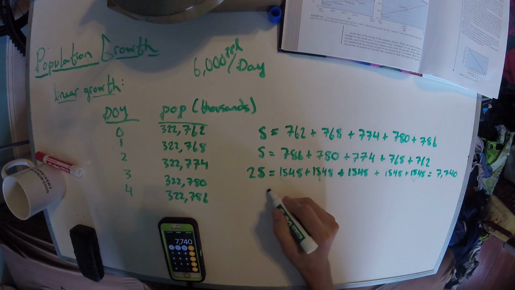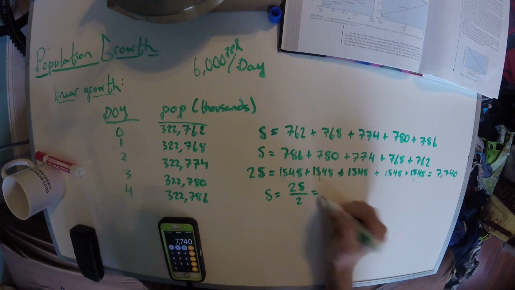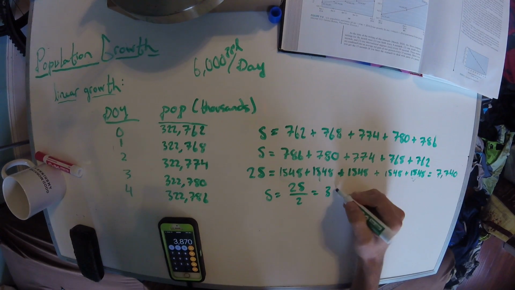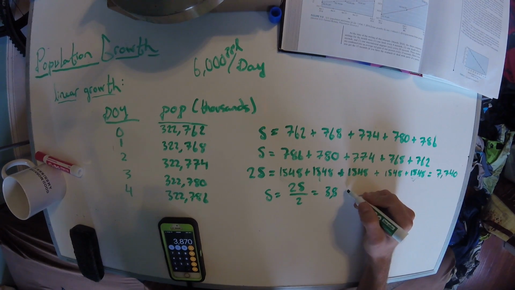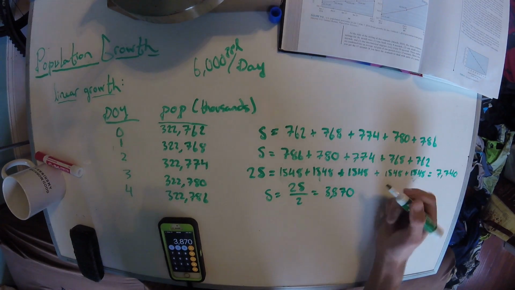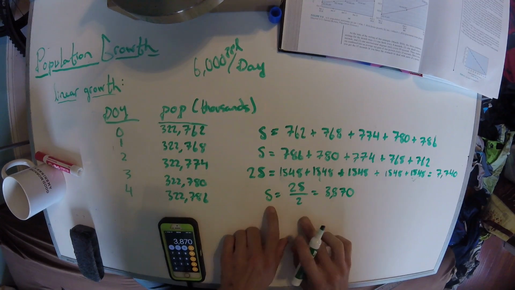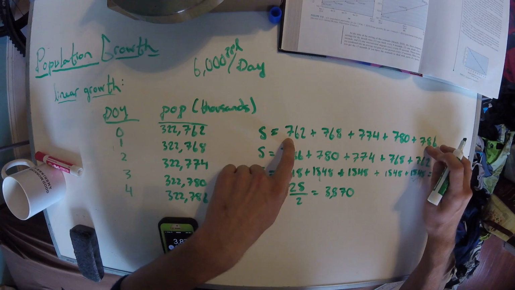And so S is just equal to 2S over 2, of course. So that number divided by 2 is 3,870. So what we've done here is we've figured out S really only using information from the first and last term.